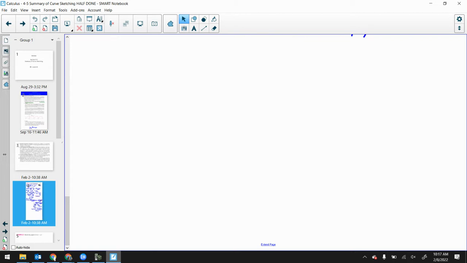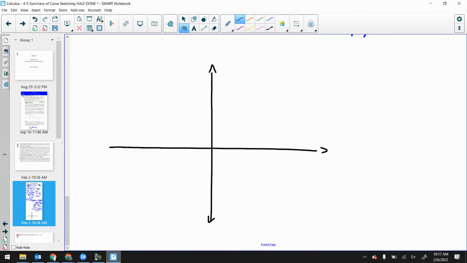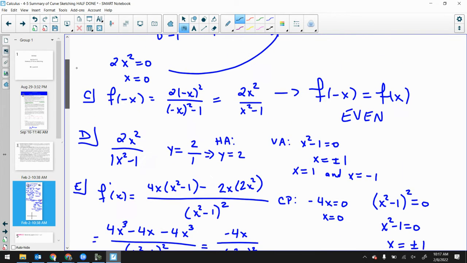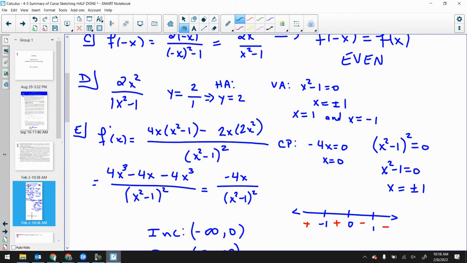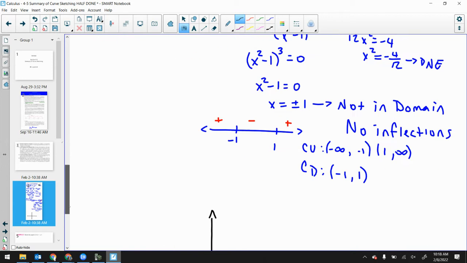Now, it kind of is up to a problem by problem basis where you start your graph. Here's what I will say about this particular problem. I know there are some boundary lines. What are the boundary lines that we have? The asymptotes. We know that there's a horizontal asymptote at 2 and two vertical asymptotes at 1 and -1. So I'm going to say this.